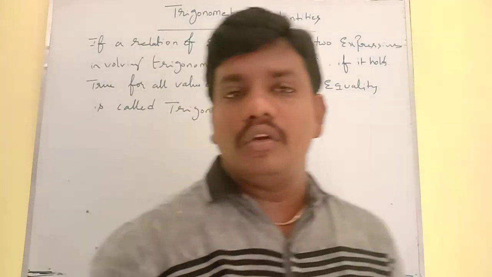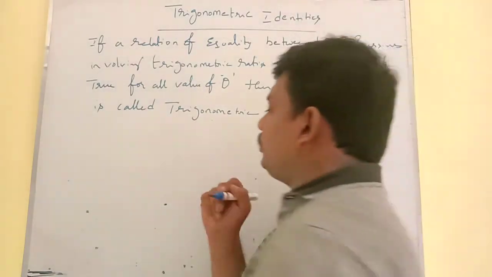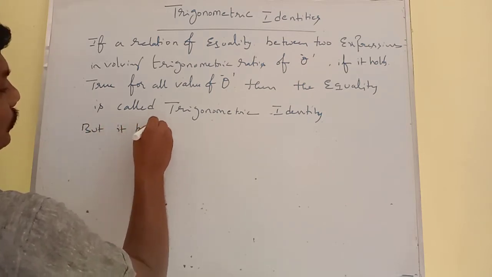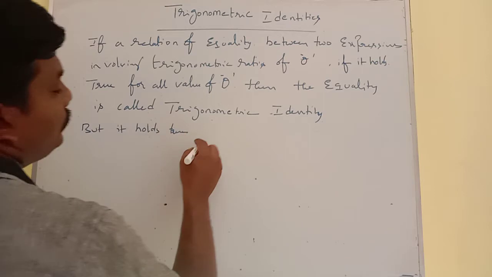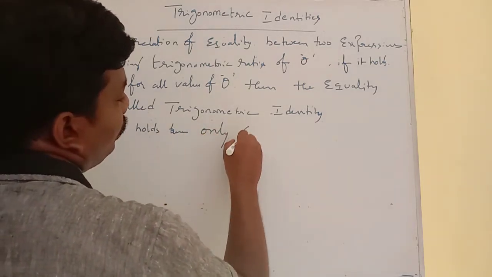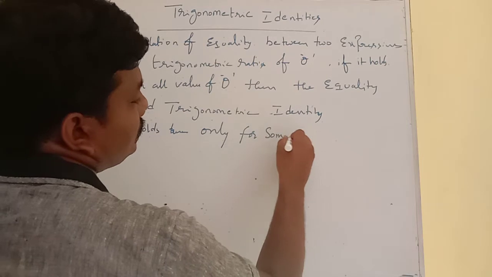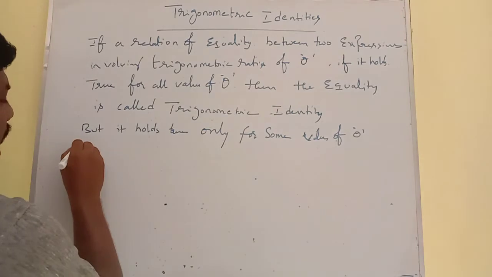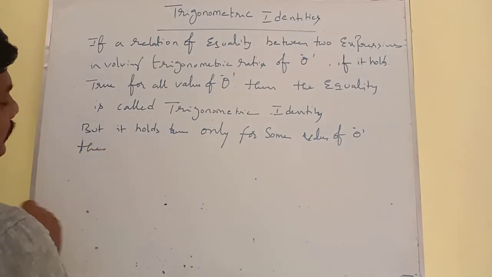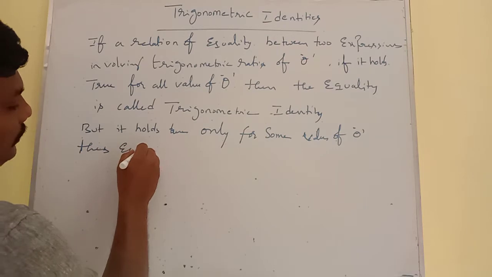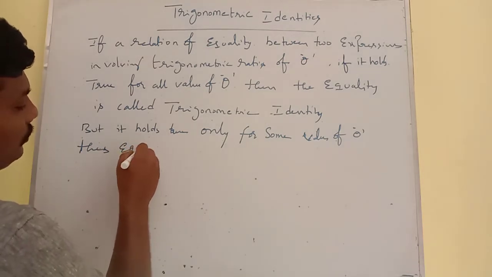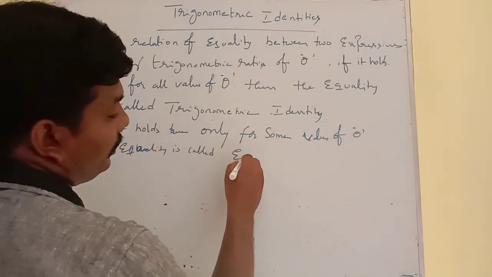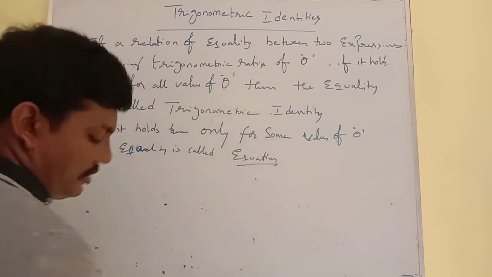But if it holds true only for some values of theta, this equality is called a trigonometric equation.